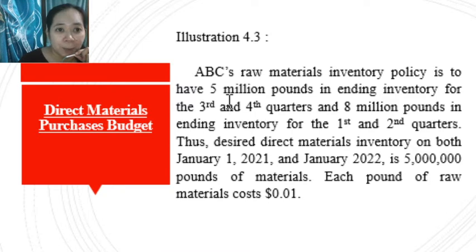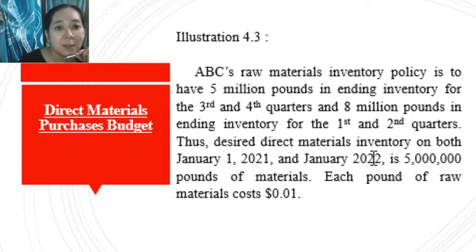To continue, the company's raw materials inventory policy is to have 5 million pounds for our ending inventory for the third and fourth quarters, and 8 million pounds in the ending inventory for the first and second quarters.